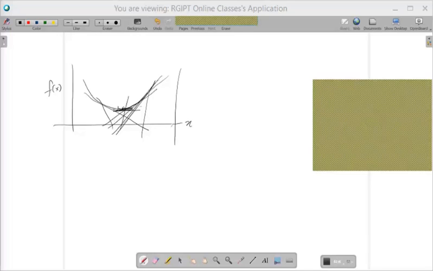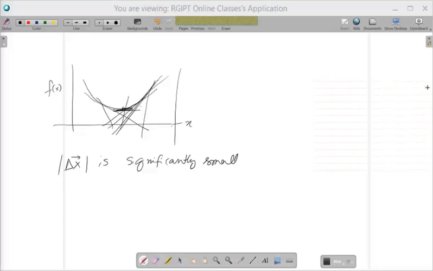You may even be oscillating, but you'll never get fx to be equal to zero. So having delta x significantly small is fine, but that need not ensure that you have found the root.